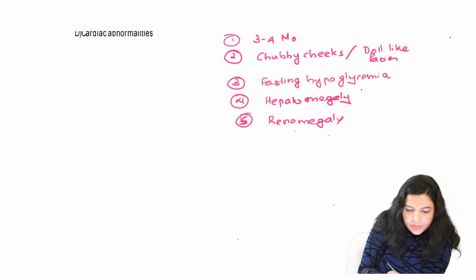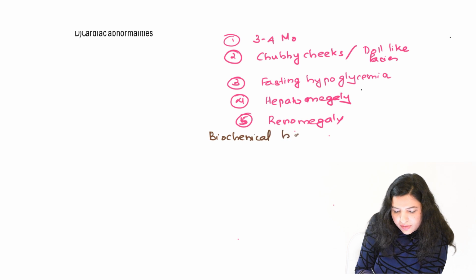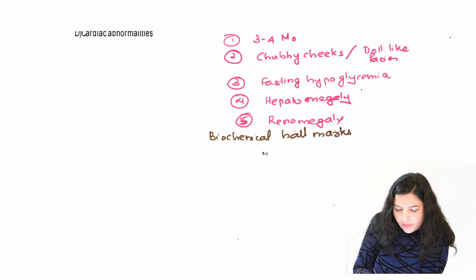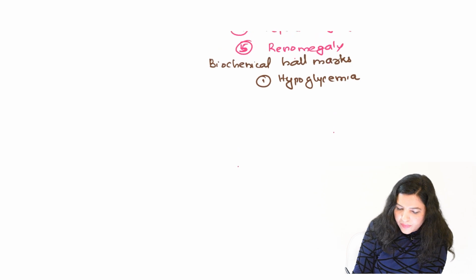Next, what are the biochemical hallmarks? The biochemical hallmarks are: 1. Already we have described hypoglycemia. 2.